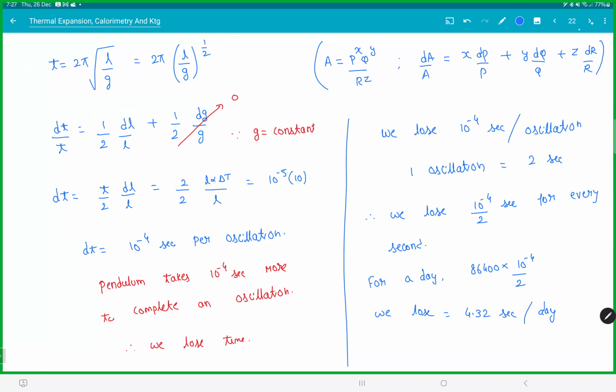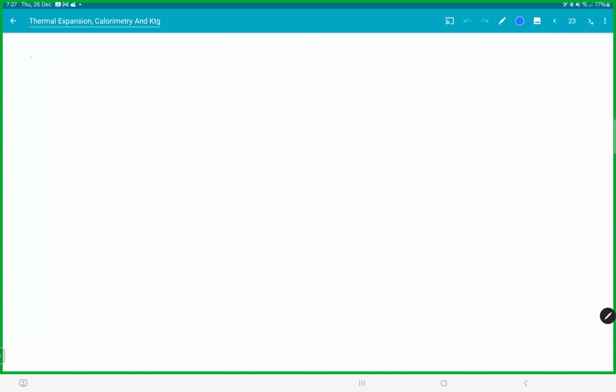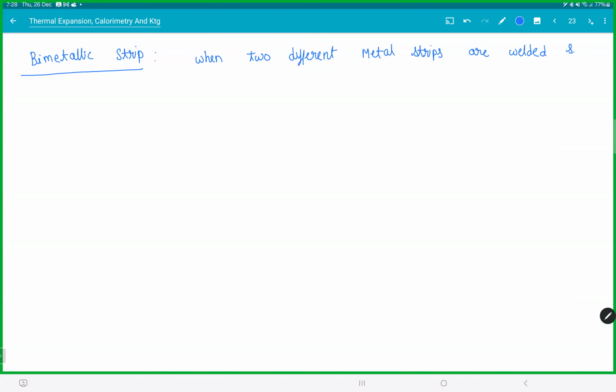Next one. Bimetallic strip. Now, when two different metals are welded side by side, and when temperature changes, and if you want them to be in contact, there's only one option, the rods bend.